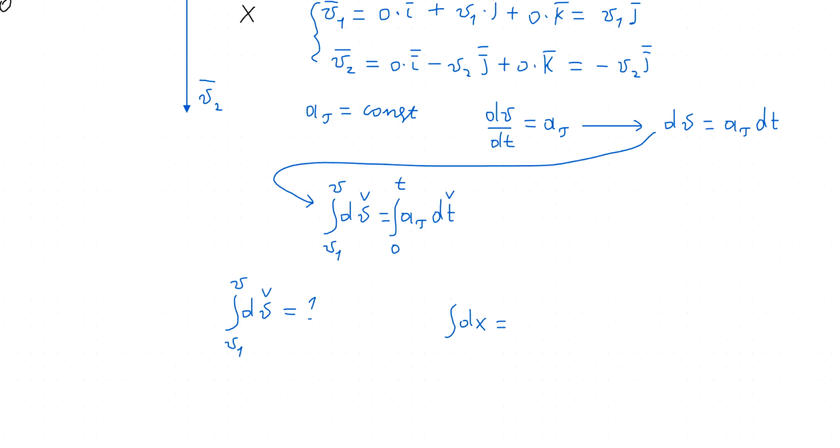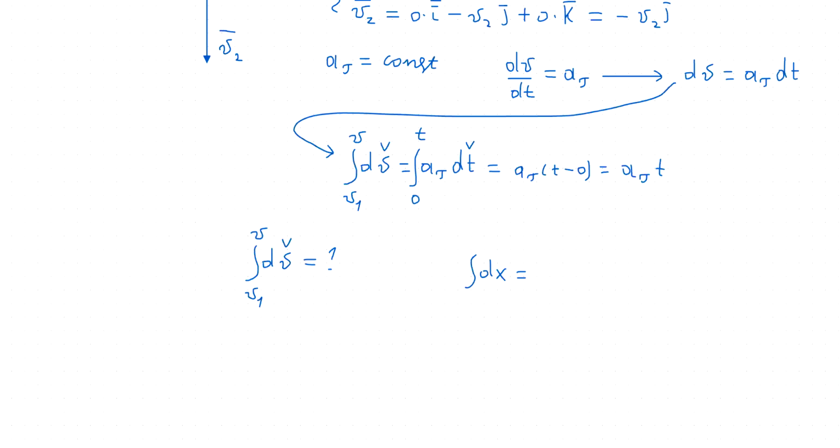And on the left side it's almost the same, but we are using velocity right now, so it will be v minus v1.